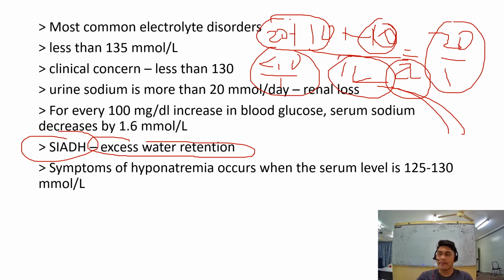Usually, if we're talking about electrolytes, specifically sodium, it affects your neurotransmission. So usually the symptoms are associated with the central nervous system if there's alteration in your sodium concentration.